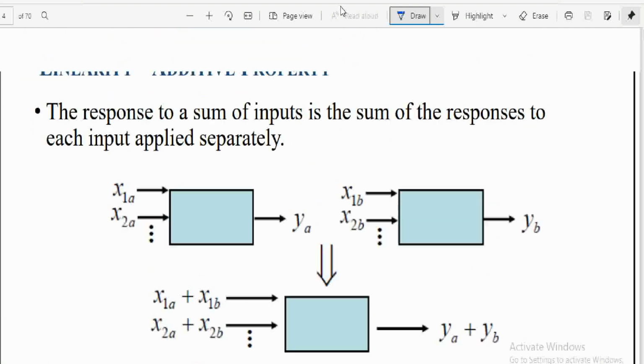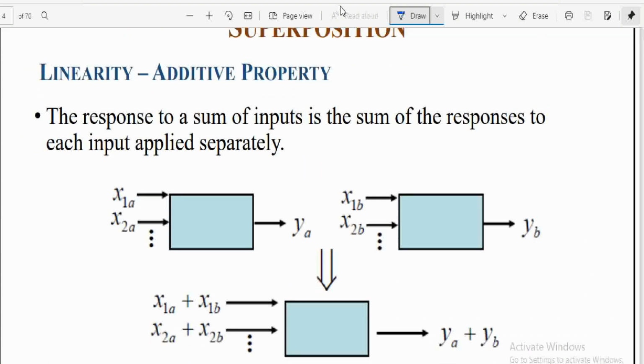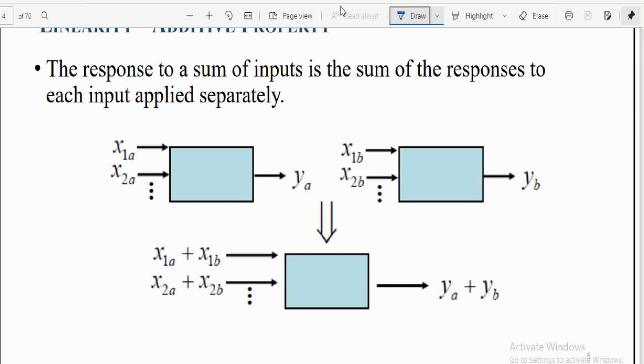What is a linearity property or additive property? The response to a sum of inputs is the sum of responses to each input applied separately. For example, here we are applying inputs X1A, X2A, X3A, X4A.